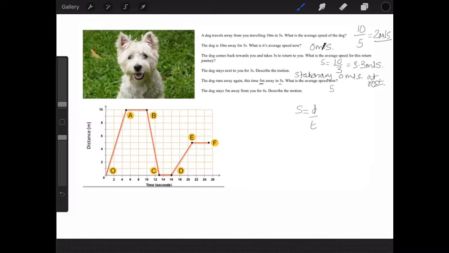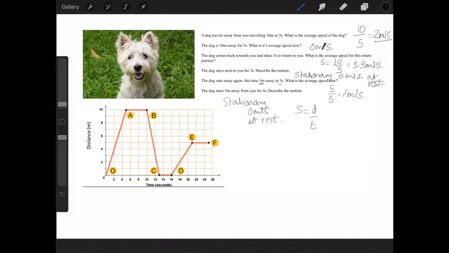So we've got distance divided by time as only 1 metre per second. If the dog stays 5 metres away from me over 4 seconds, then for 4 seconds the dog is stationary again. 0 metres per second, or at rest.